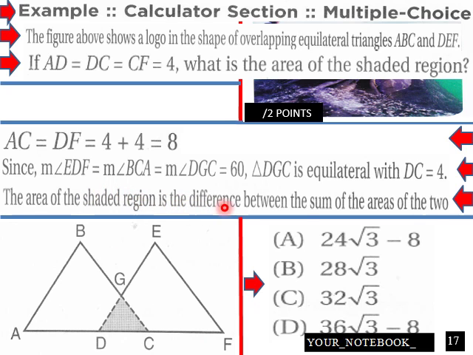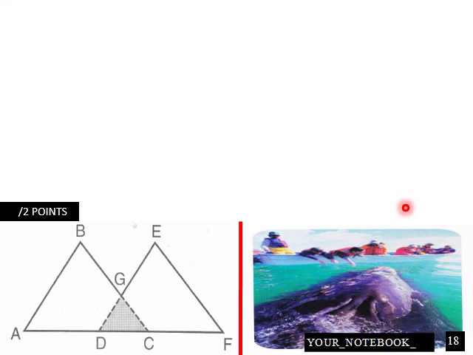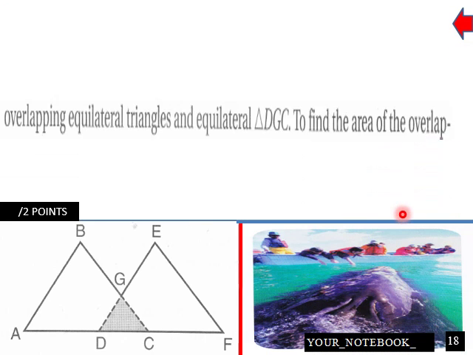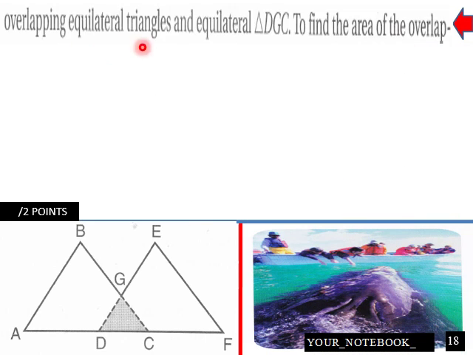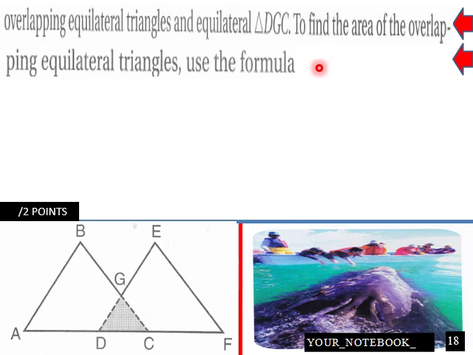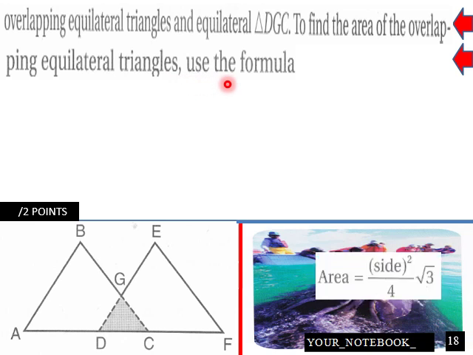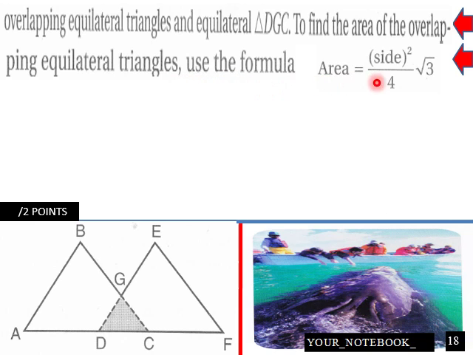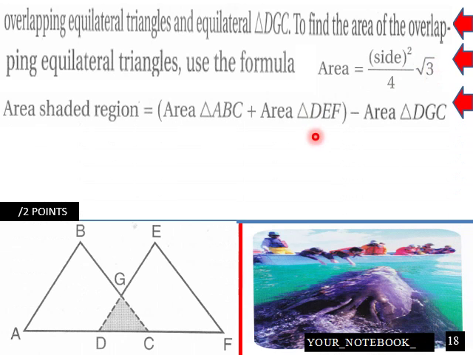The area of the shaded region is the difference between the sum of the areas of the 2 overlapping equilateral triangles and equilateral triangle DGC. To find the area of the equilateral triangles, use the formula area equals side squared over 4 times square root of 3.